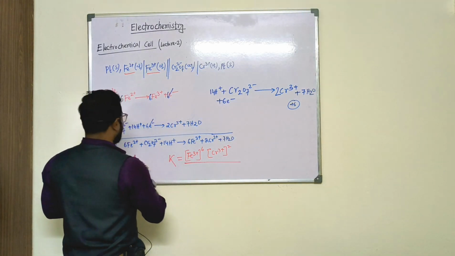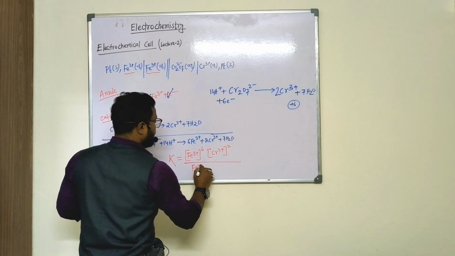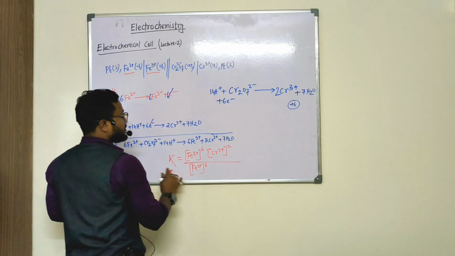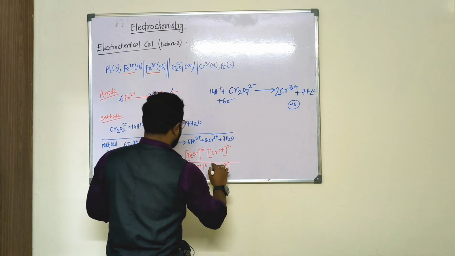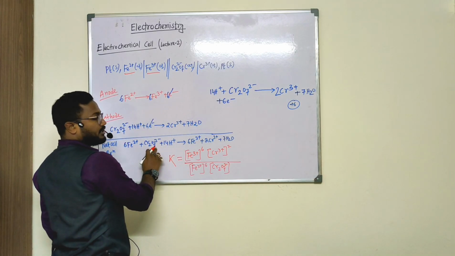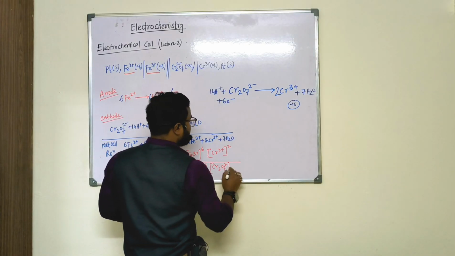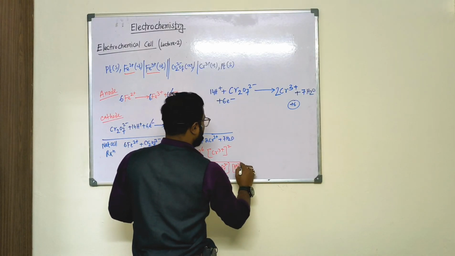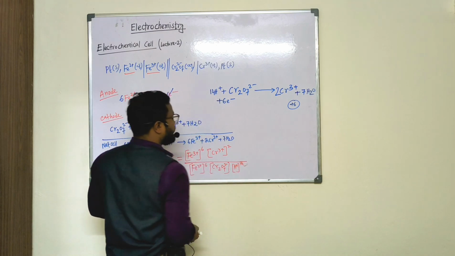This divided by Fe2+, it is in aqueous state, so Fe2+ whole to the power 6, Cr2O7 2⁻ aqueous state, there is nothing multiplied, it will remain as it is, and 14H+, so H+ is aqueous, so it is H+ concentration whole to the power 14.